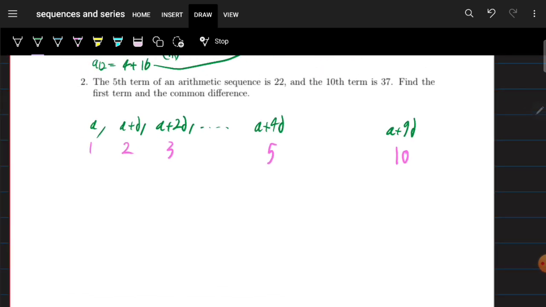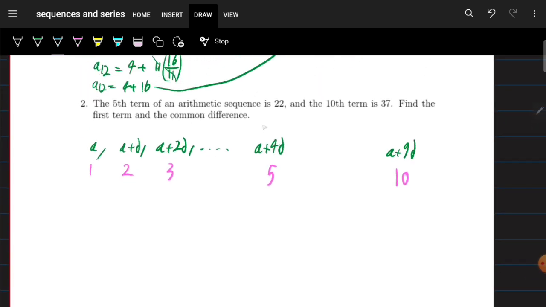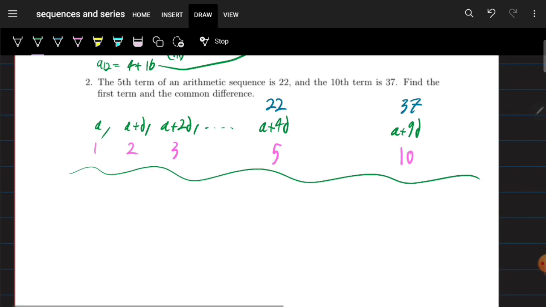And they tell us that the fifth term is 22 and the 10th term is 37. Okay, so that means we can write two equations. A plus 4D is equal to 22, and A plus 9D is equal to 37.